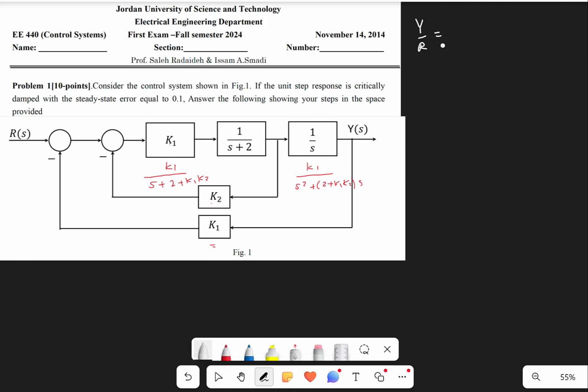So we can write the overall closed loop transfer function as K1 over S squared plus 2 plus K1 K2 S plus K1 squared.